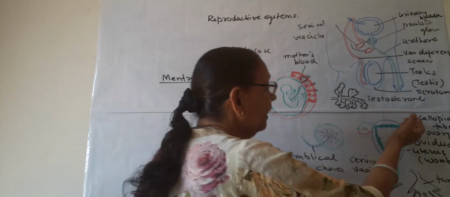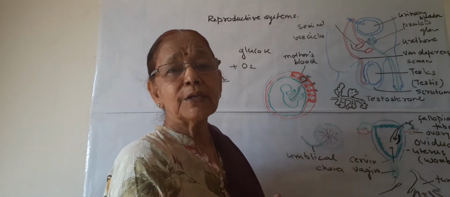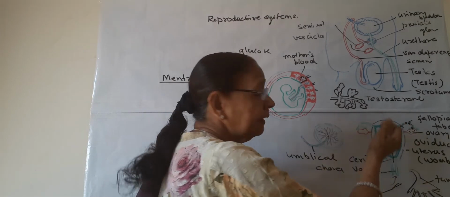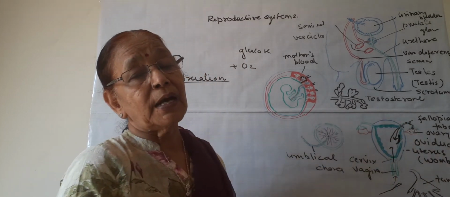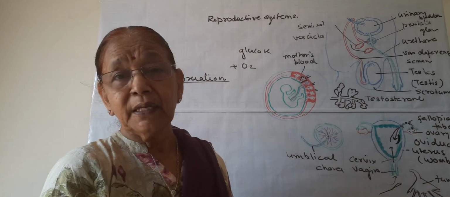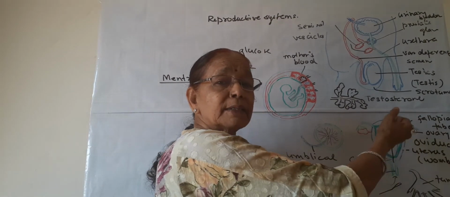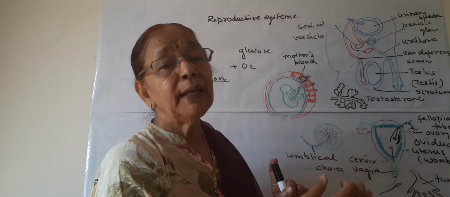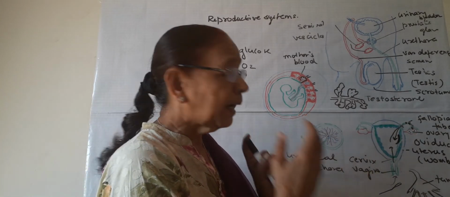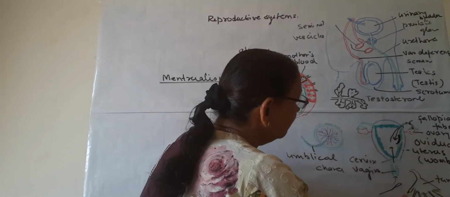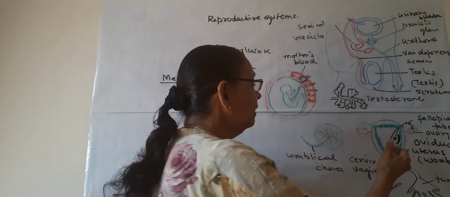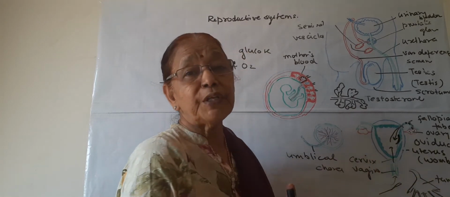So when the egg dies, if there is no fertilization, this lining of the uterus starts breaking away. There is no use. So slowly this breaks away in the form of blood and mucus, and this blood and mucus comes out of the female body through the cervix and vagina.